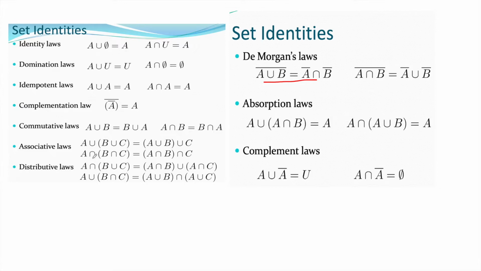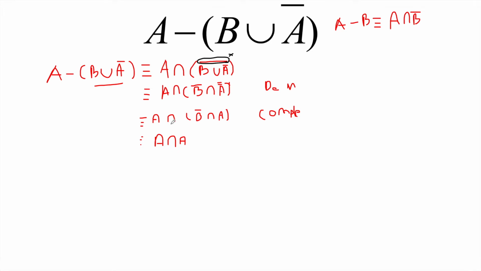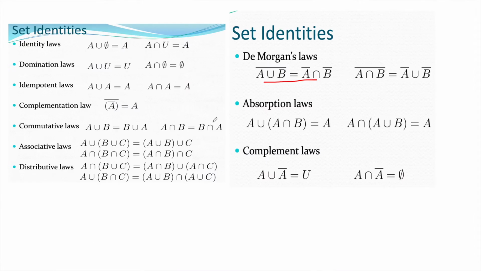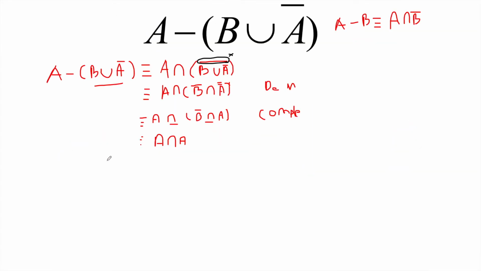So since both signs here are AND, we can use the associative law to rewrite this statement. So it can be A and B bar. So this one will give you the associative law.